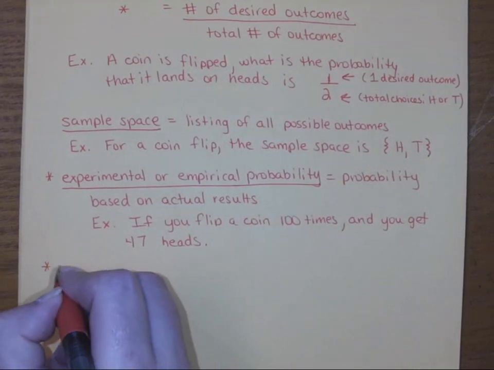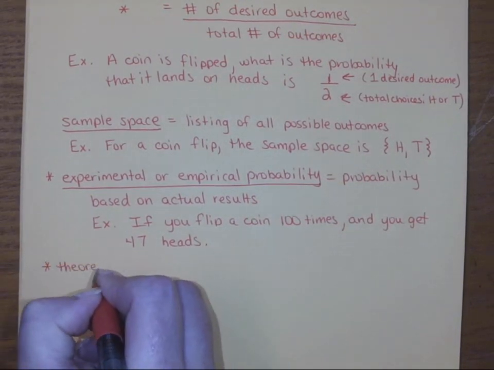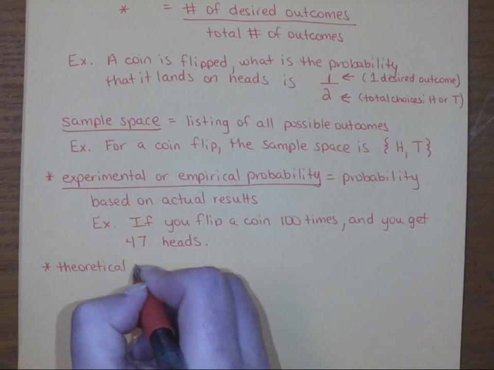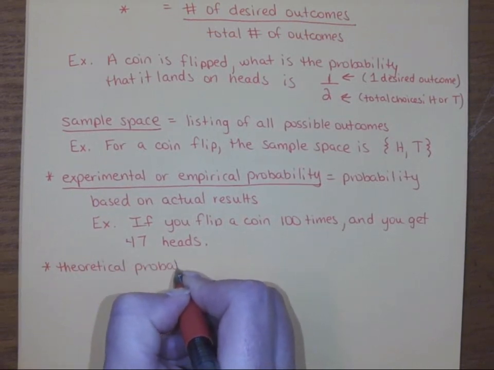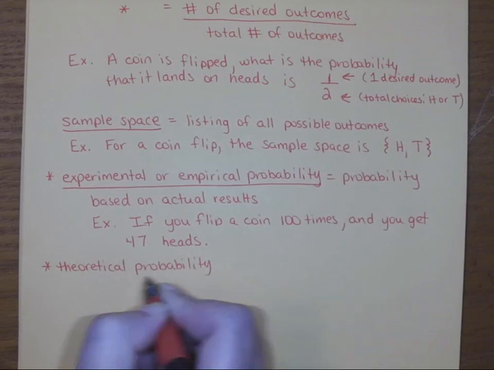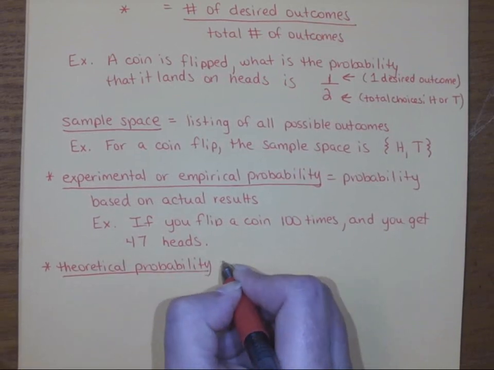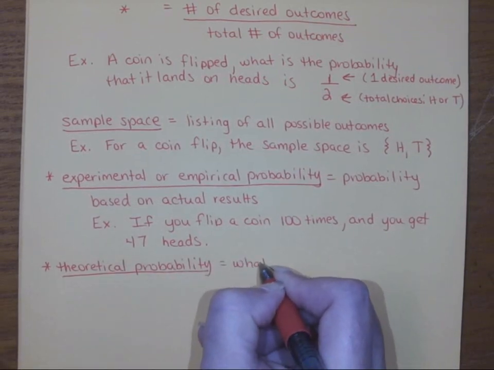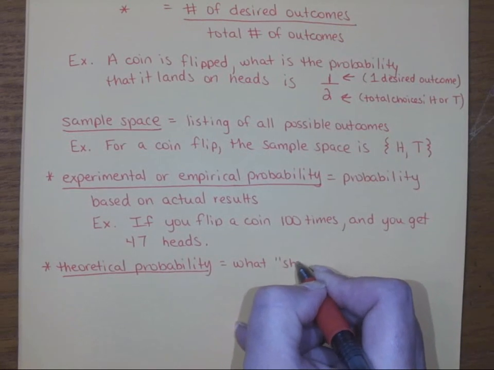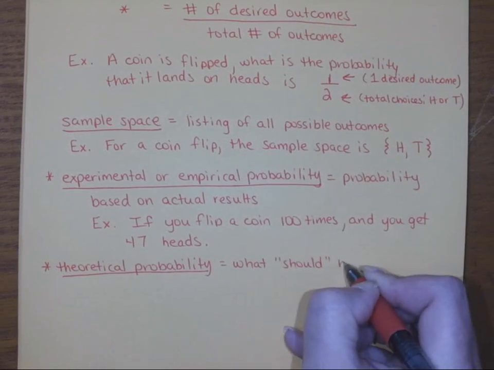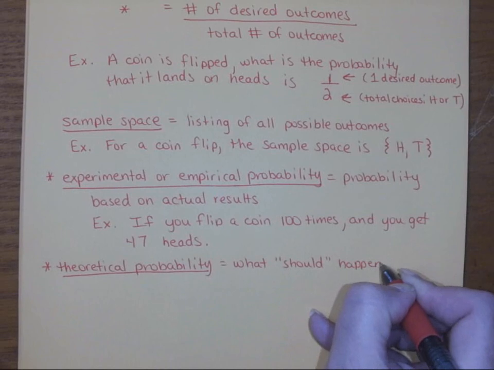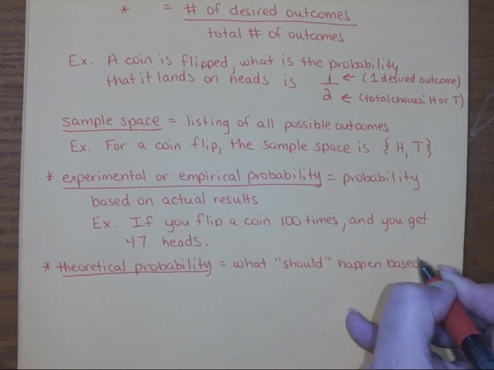So we're going to come back to that in a minute, but this is often compared to theoretical probability, and theoretical probability is just what should happen in theory. In other words, it's not based off of an experiment, it's just what's supposed to happen.